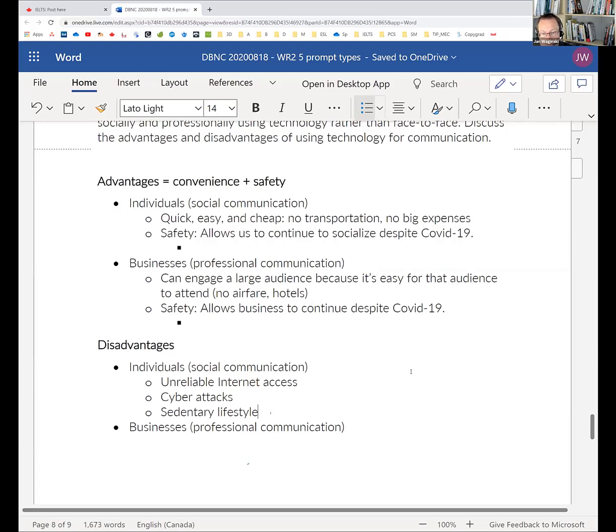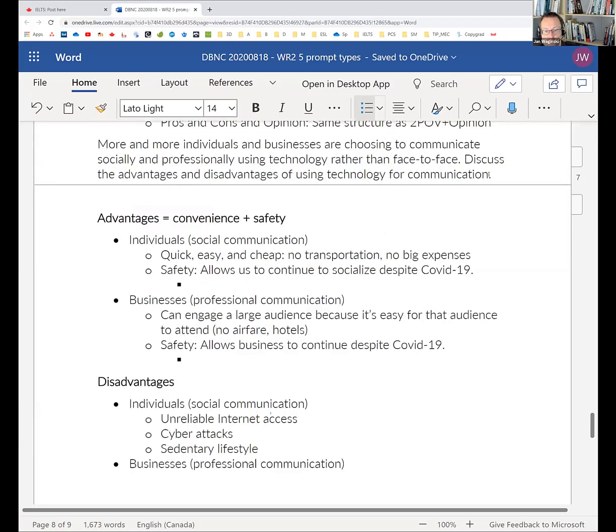That one could be a little bit tricky to articulate because it's the disadvantage for communication. Not health, right. So be careful with that one. So maybe they will become socially inactive, like social skills and association.